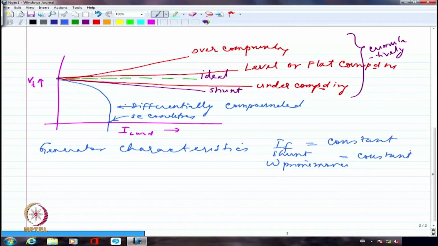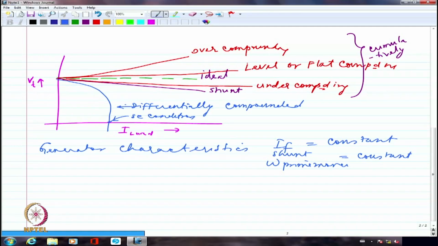We tend to keep these two as a constant because we are looking at the capability of the generator to generate a given voltage and a given amount of power or current when I'm holding these two as a constant. That is when I keep the excitation as a constant and when I keep the speed also as a constant. Please understand, the speed is the characteristic of a prime mover and I'm not testing the prime mover.